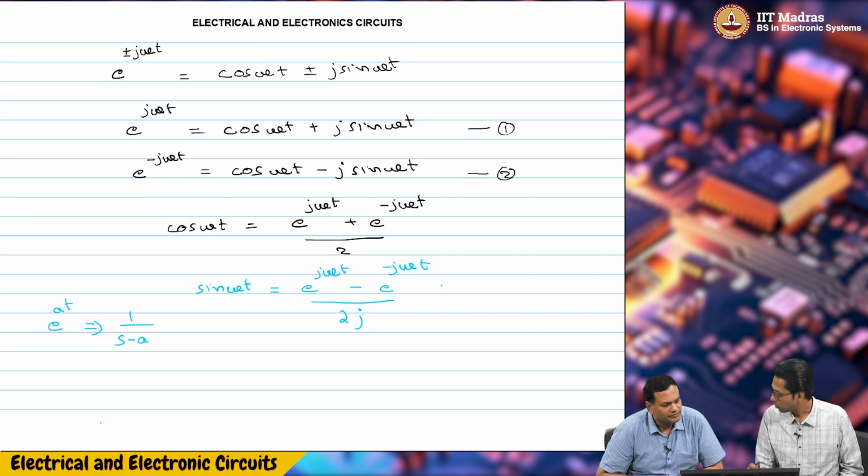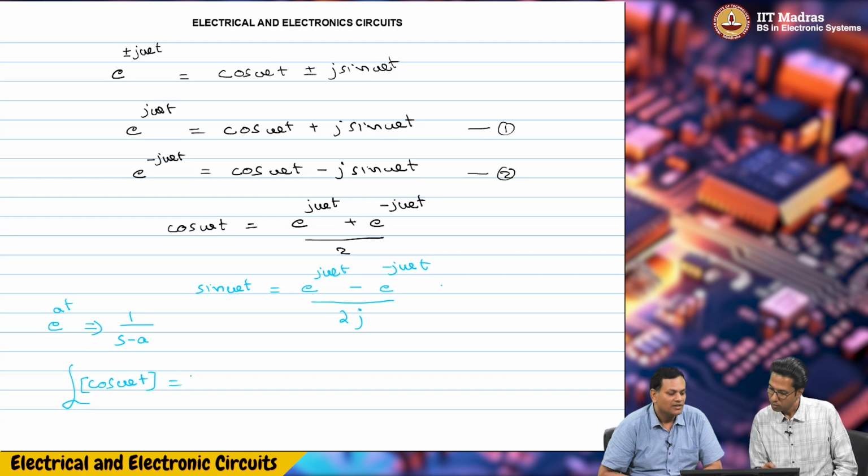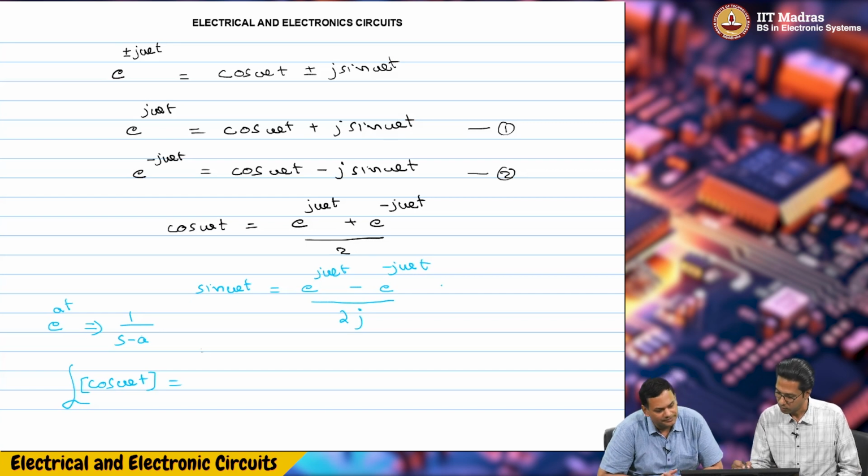So let's try for cos omega t. The Laplace transform of cos omega t will be the Laplace transform of e power j omega t and e power minus j omega t. So this I can write as 1 by s minus a with a replaced by j omega.